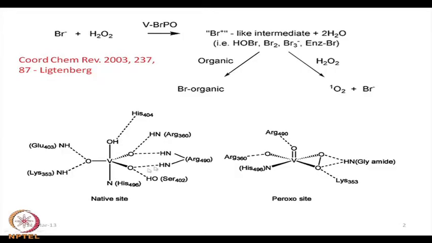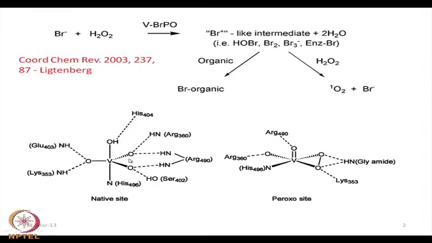So, in the native state what we will find is that the vanadate anion was in tetrahedral geometry, and this tetrahedral geometry can go for some interesting conversion of structure.